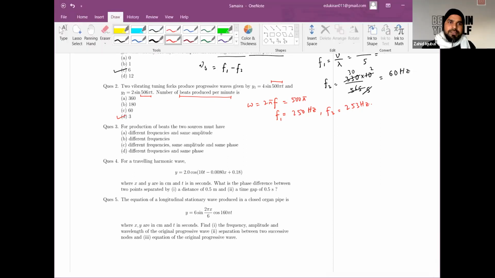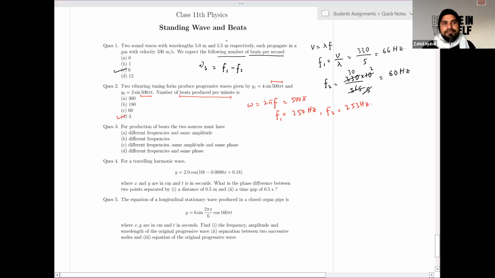Try to solve question number 3. What would be the minimum condition for producing beats?